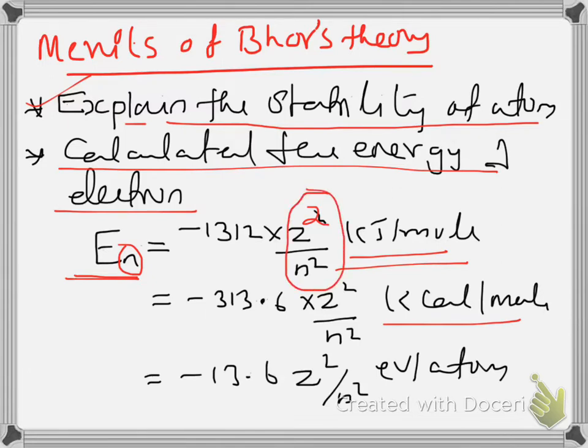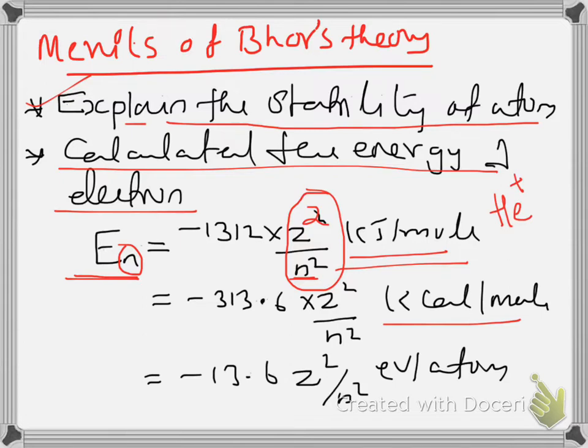Z means atomic number and n means the shell number. Suppose an electron is moving through the fifth shell of hydrogen, then we have to put 5 square in the denominator. Or if we have to calculate the energy of helium plus, helium plus is a hydrogen-like species.